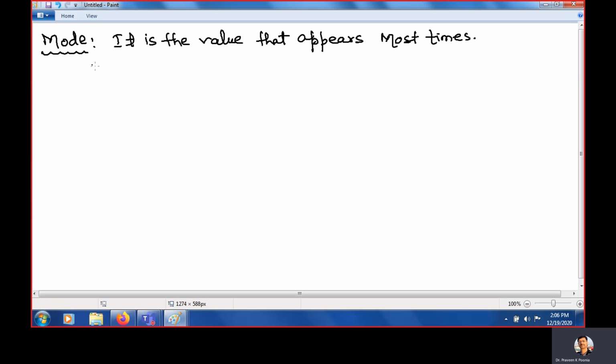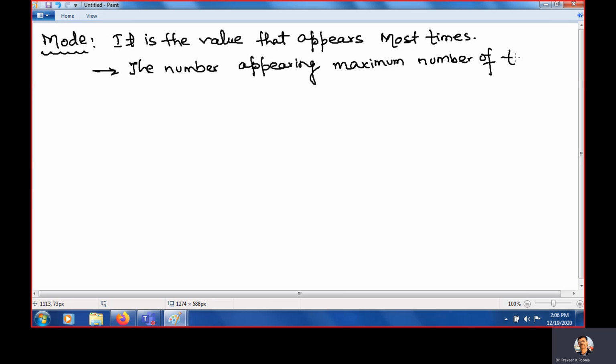Most times means the number appearing maximum number of times is called mode. Clear?